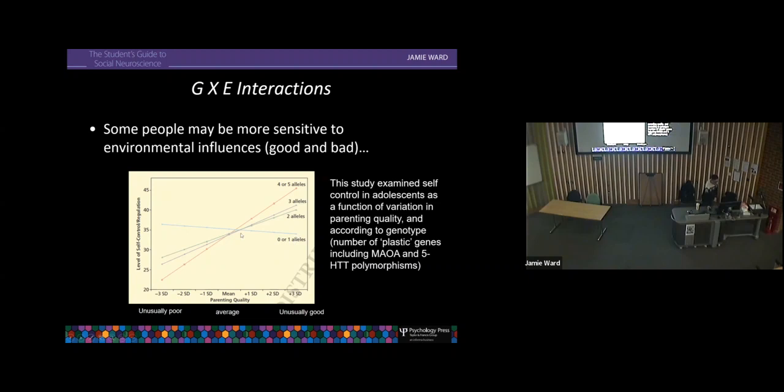So basically, if you have, in effect, none of these high sensitivity variants, then it doesn't matter whether you have good or bad parenting. You are incredibly resilient in your outcome. And here your outcome is your ability to, I think this is a questionnaire measure, engage in self-control, self-regulation of your emotions.